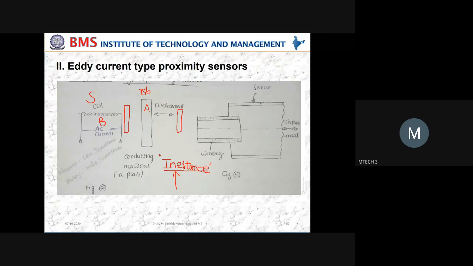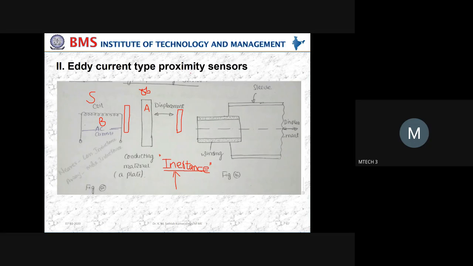If the object is nearer to the sensor, more eddy current is going to be generated, and hence there will be a lesser value of inertance or inductance. More and more inductance can be detected with the presence of the object. Now this is about the eddy current type proximity sensor.